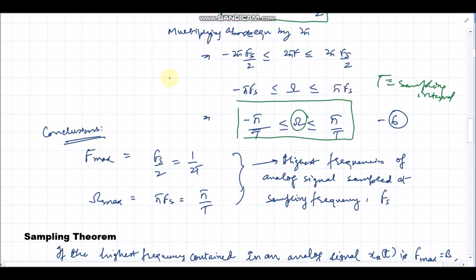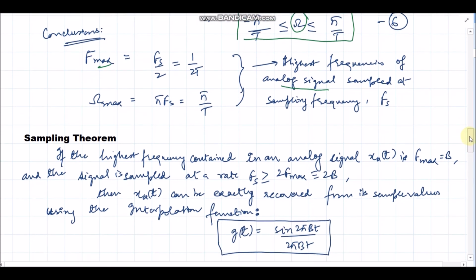So the conclusion of this mathematics is this: F max, the maximum continuous time frequency of the analog signal that can be processed by a sampler, is fs by 2 or 1 by 2T. And the maximum angular frequency of an analog signal that can be processed by a sampler is pi fs or pi by T. So these are the highest frequencies of an analog signal sampled at sampling frequency fs.